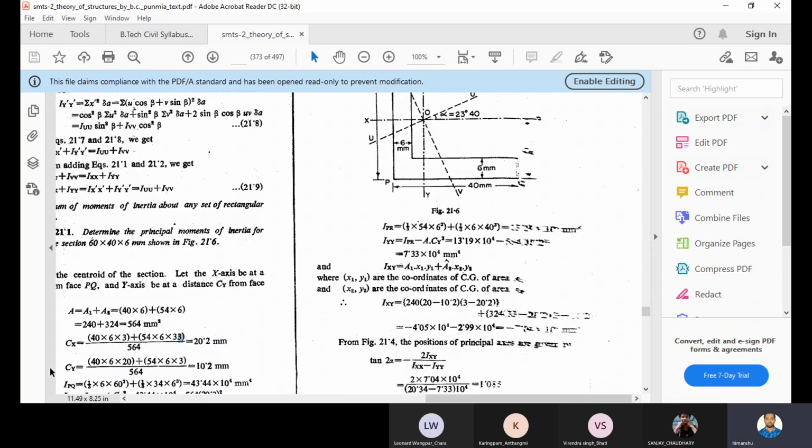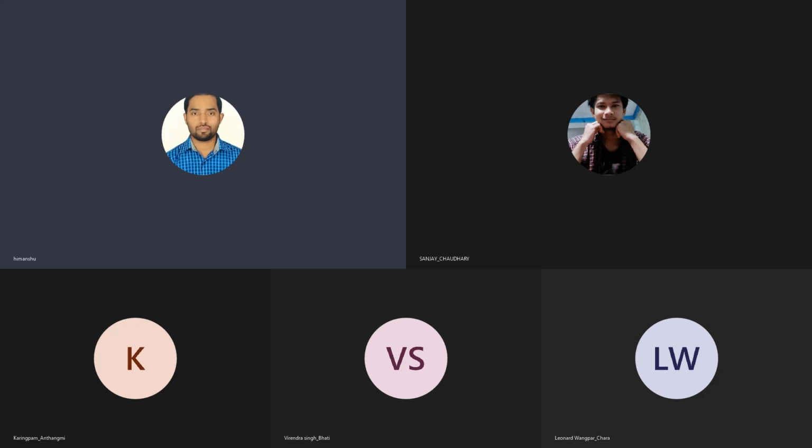We are talking about Cx. So whatever distance we will take, that should be according to your x-axis. Okay, that should be according to your x-axis. Let's come to the whiteboard.